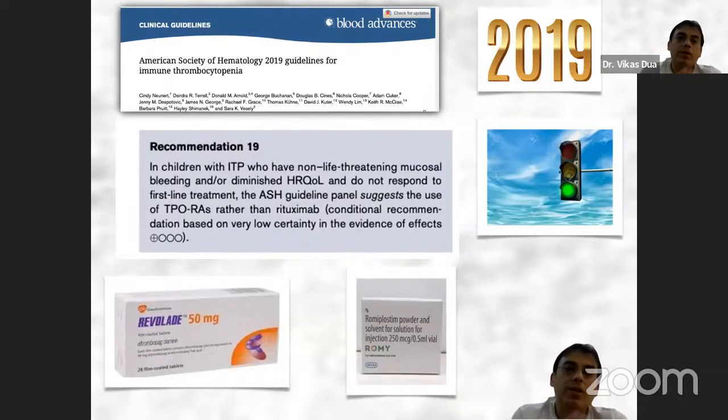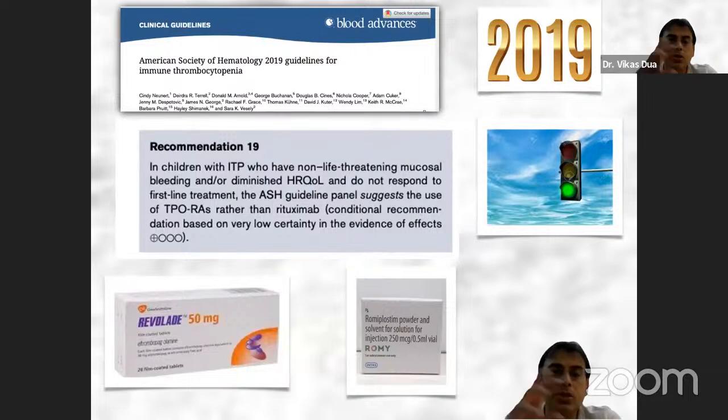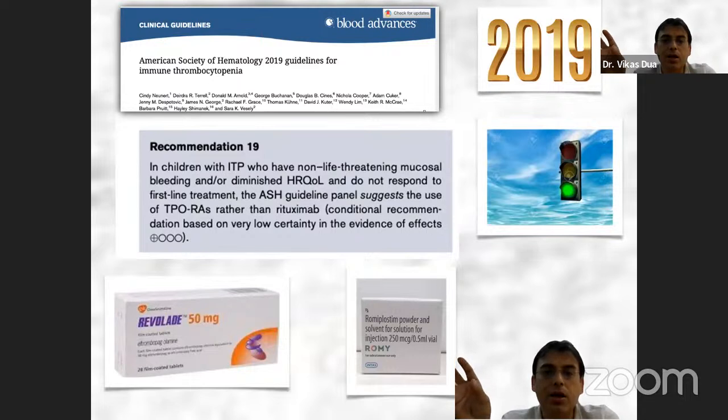I'll tell you the problem with rituximab. Rituximab is a wonderful drug. It is a monoclonal antibody against CD20. CD20 is a marker on B cells, and B cells are the cells which produce antibodies.